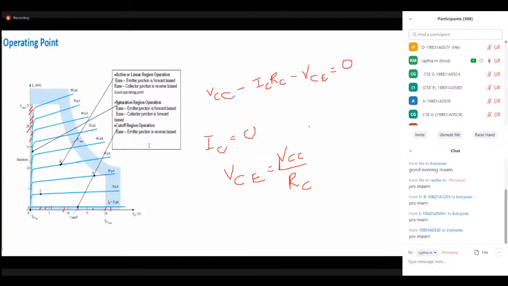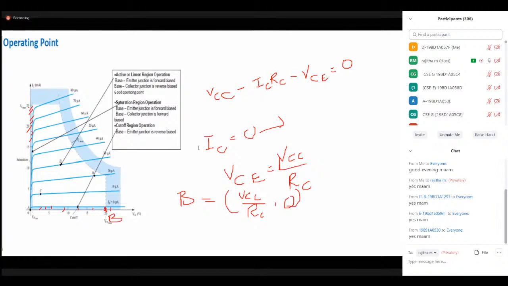The x coordinate of node B is VCC by RC, and the y coordinate is IC equal to 0. So node B is VCC by RC, comma 0.